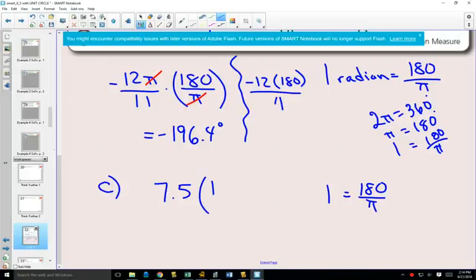So we would multiply by 180 over pi. 7.5 times 180 divided by pi is 429.7 degrees.